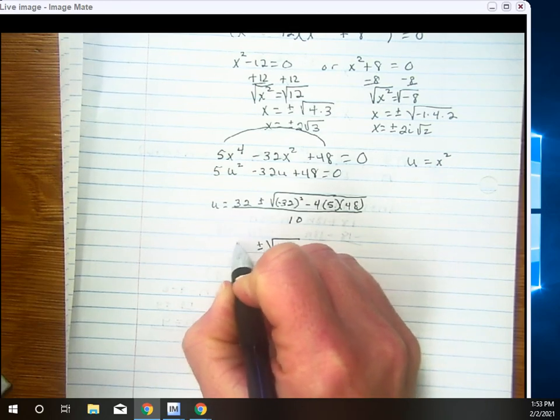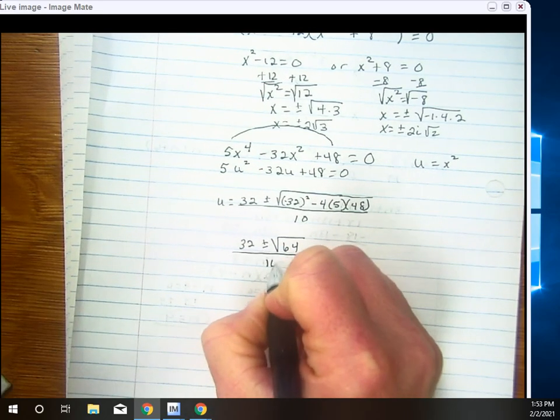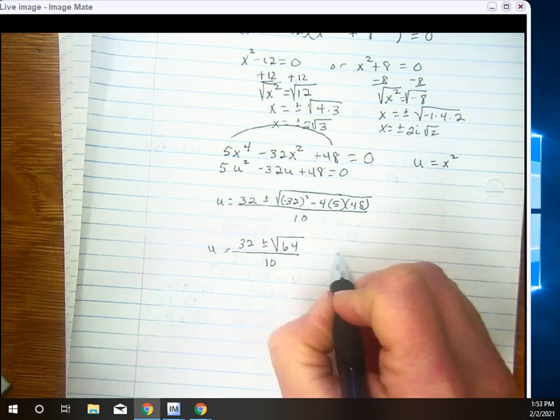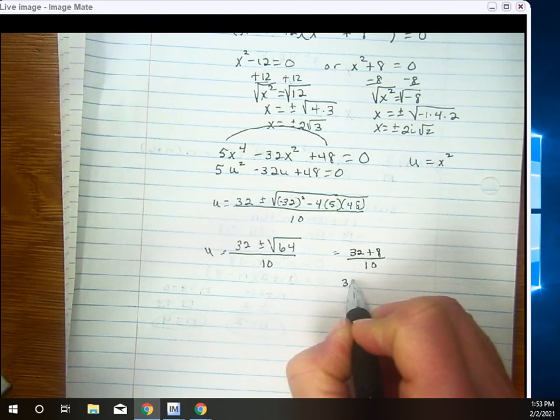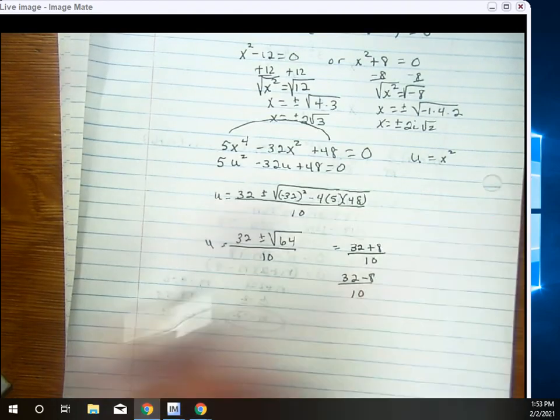The square root of 64 is what? 32 plus 8 over 10, 32 minus 8 over 10.